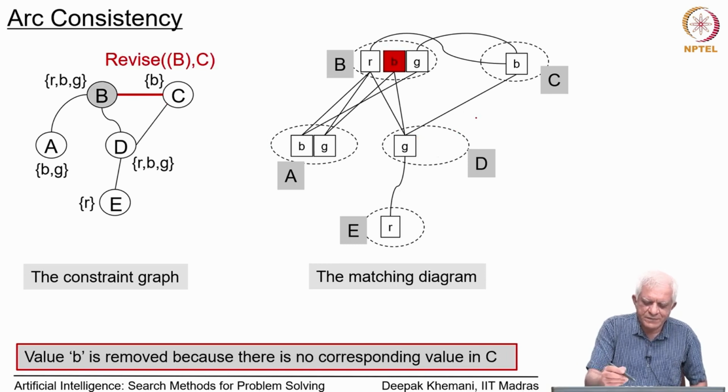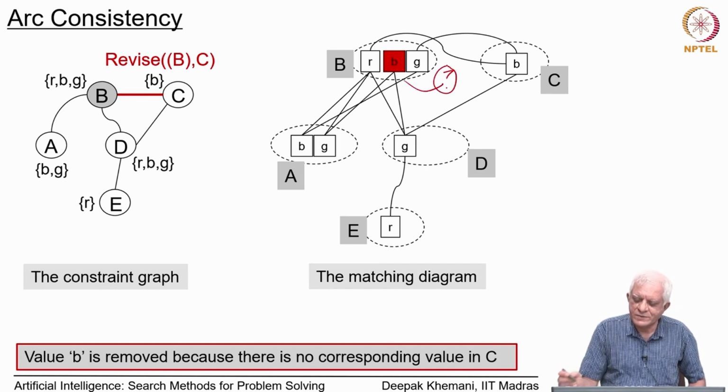Then you revise B with respect to C, and you can see that this value B does not have a corresponding value in C. Remember that the value must be different essentially. So, if you are going to color region B as blue, C must get some other color, but this problem says it does not have.